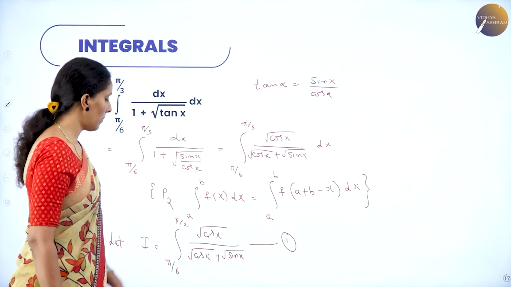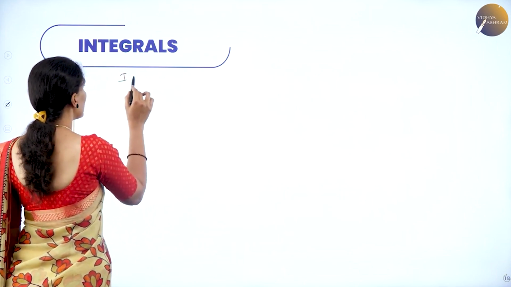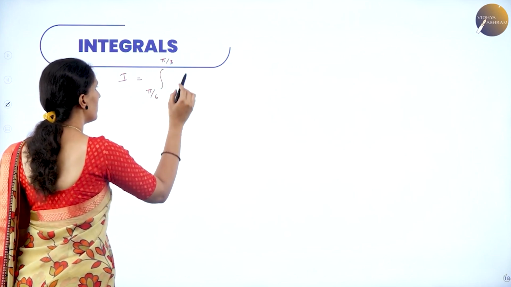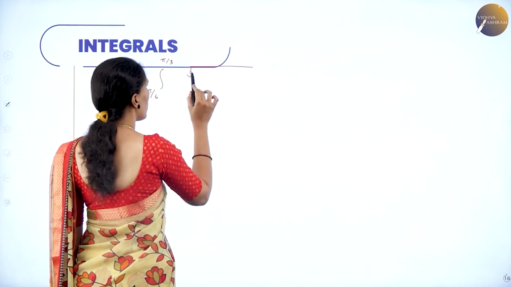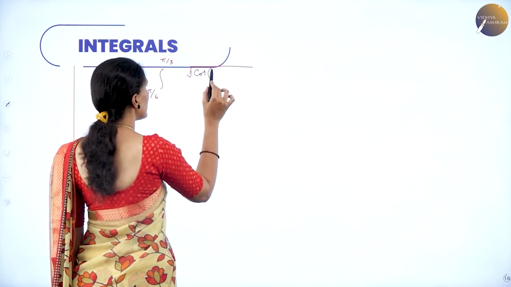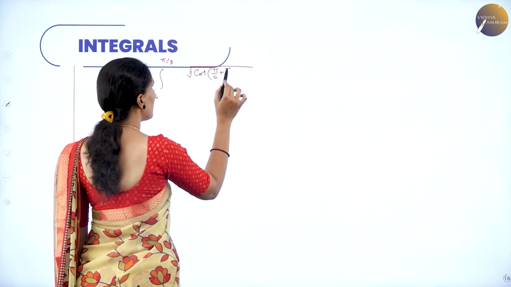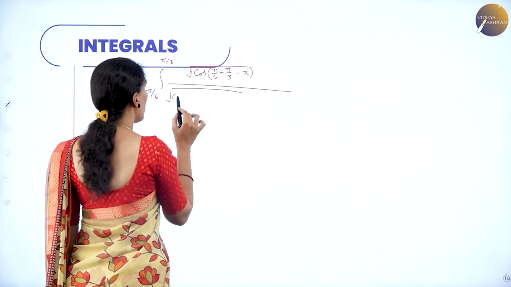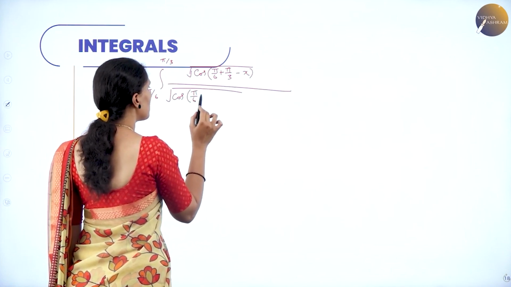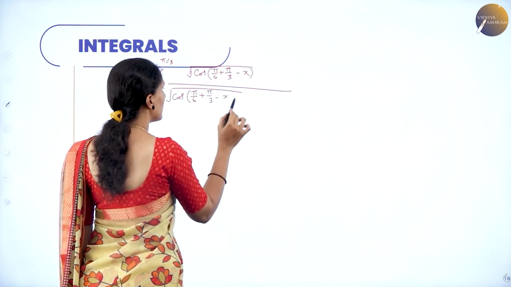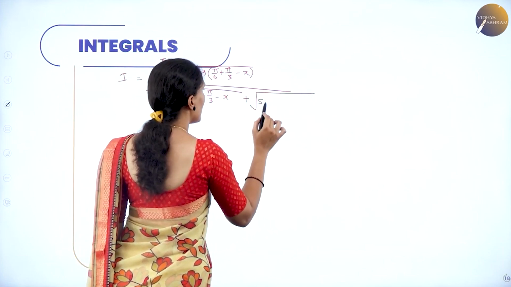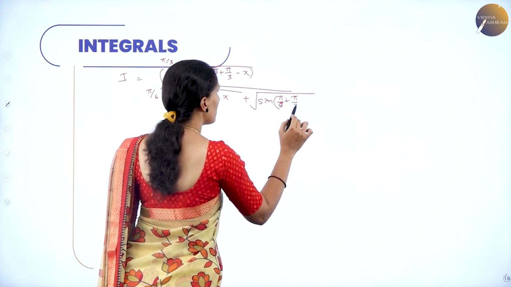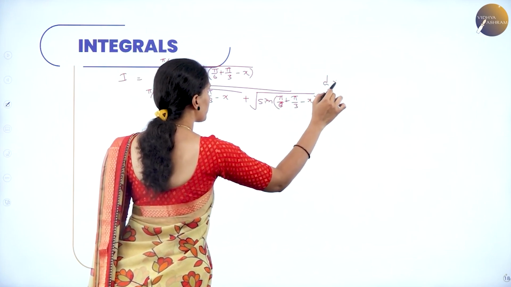Now using this property, it becomes I is equal to the integral from pi by 6 to pi by 3 of root cos of pi by 6 plus pi by 3 minus x, divided by root cos of pi by 6 plus pi by 3 minus x plus root sin of pi by 6 plus pi by 3 minus x dx.